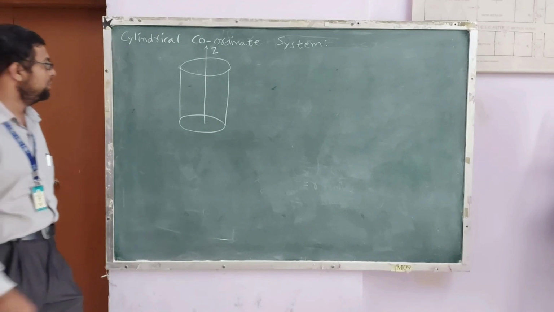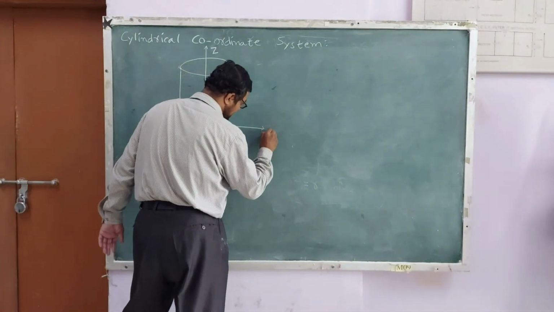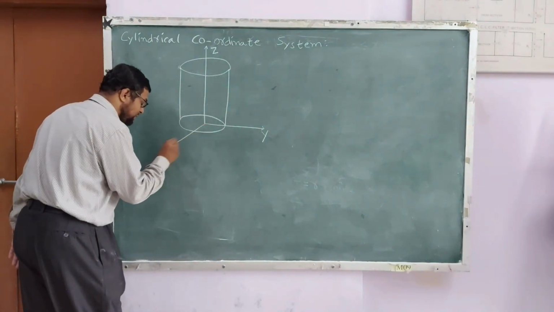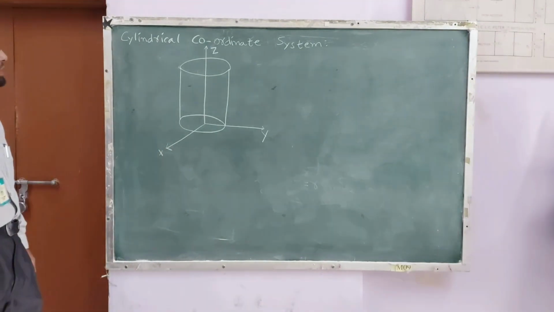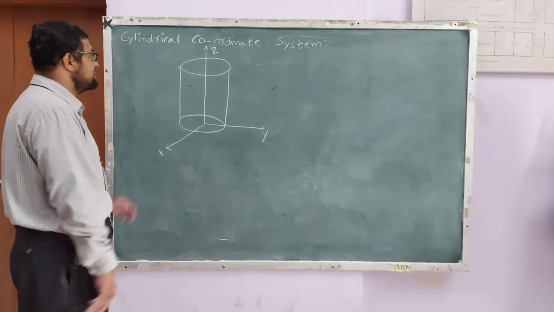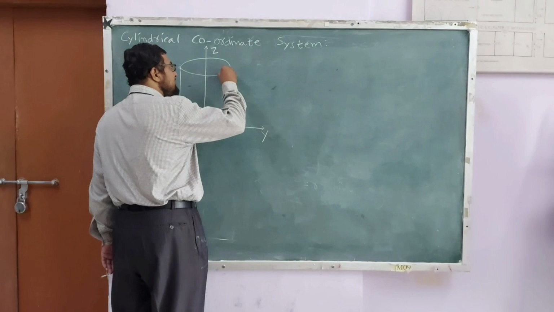Then this is our y-axis along this direction, and this is nothing but our, sorry, rather x-axis. This is our x-axis. So these are the x, y, and z coordinate axes. Now we have to consider any point on this cylinder.